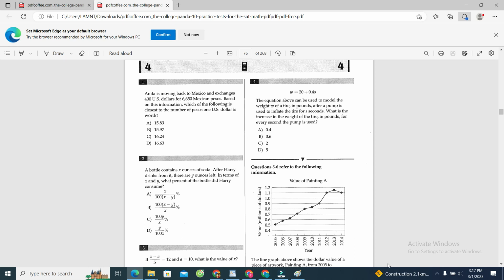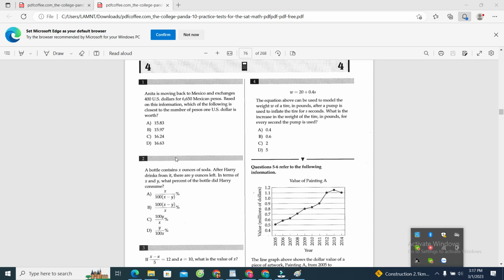Okay, so we're gonna learn about test number 5, and this is section 4, and we wanna finish section 4, test number 5. Okay, number 1 of section 4: Anita is moving back to Mexico and exchanges $400 for 6,650 Mexican pesos.